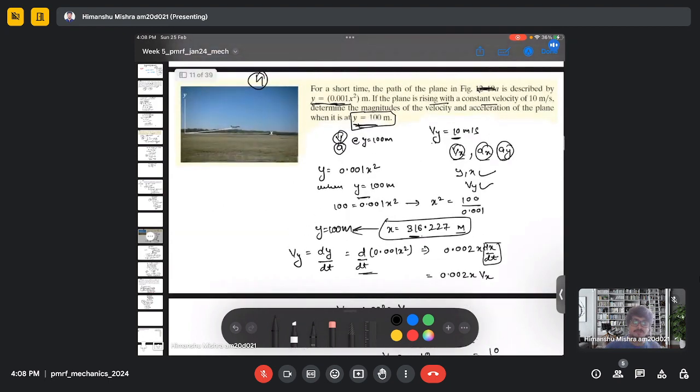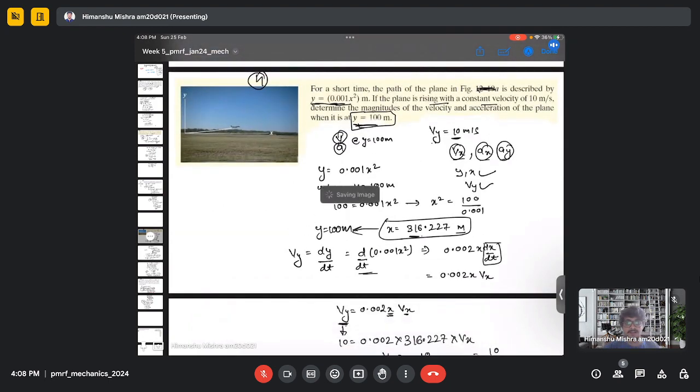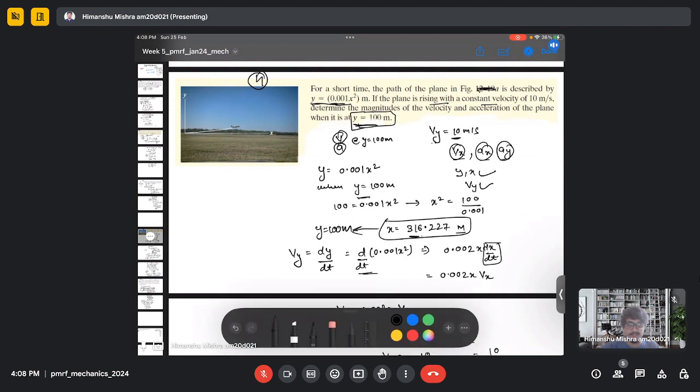So just to recap, we have been given the trajectory of the airplane, which is y equals 0.001 x square, and we have been given the vertical component of velocity as well, and it is said to be constant. We need to find the magnitude of velocity and acceleration at y equals 100 meter. So first we found the corresponding x at y equals 100 meter.